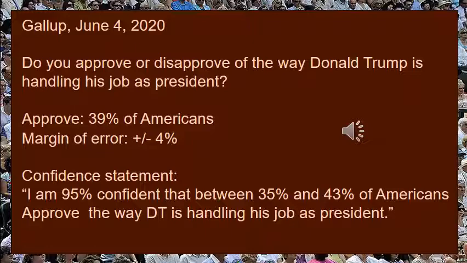The 95% here never changes in the confidence statements we will learn this semester. It's always 95%. We call it a confidence interval. So I am 95% confident that between 35% and 43% of Americans approve Donald Trump.